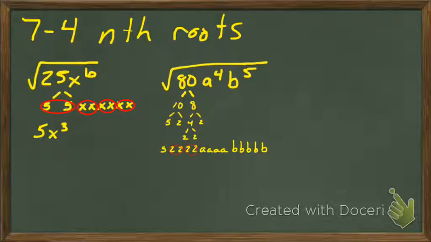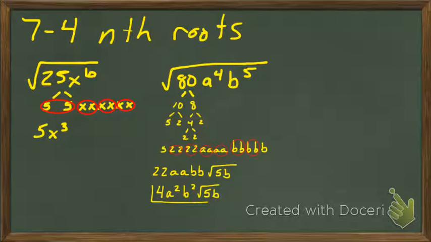My pairs would look like that. The pairs come out, the lonelies stay home. Each pair has one representative outside the root sign, and the lonelies would be a 5 and a b. Then you multiply the terms outside the root together, so we end up with 4a squared b squared, root 5b.